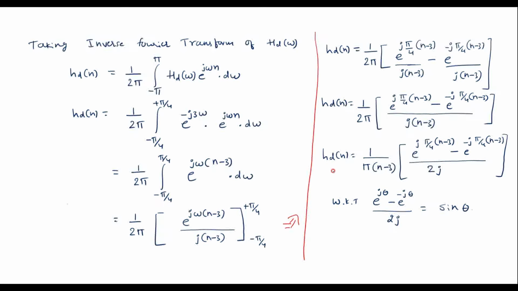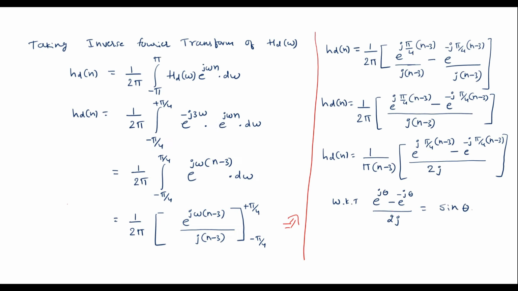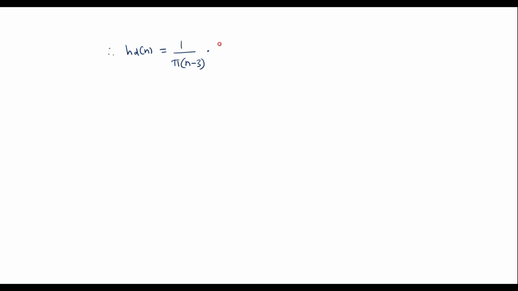Therefore hd of n is equal to 1 upon pi of n minus 3 into sine theta, where theta is pi by 4 into n minus 3, that is sine pi by 4 into n minus 3.